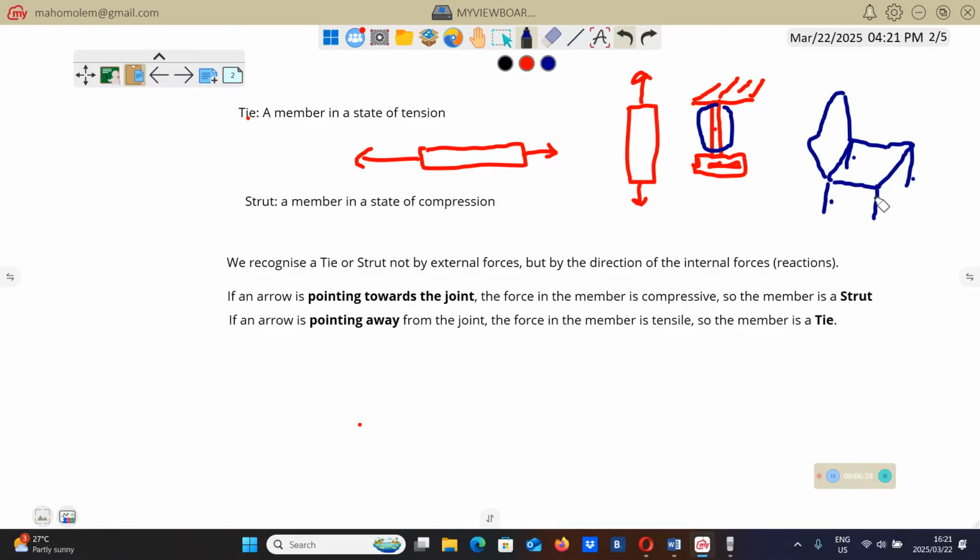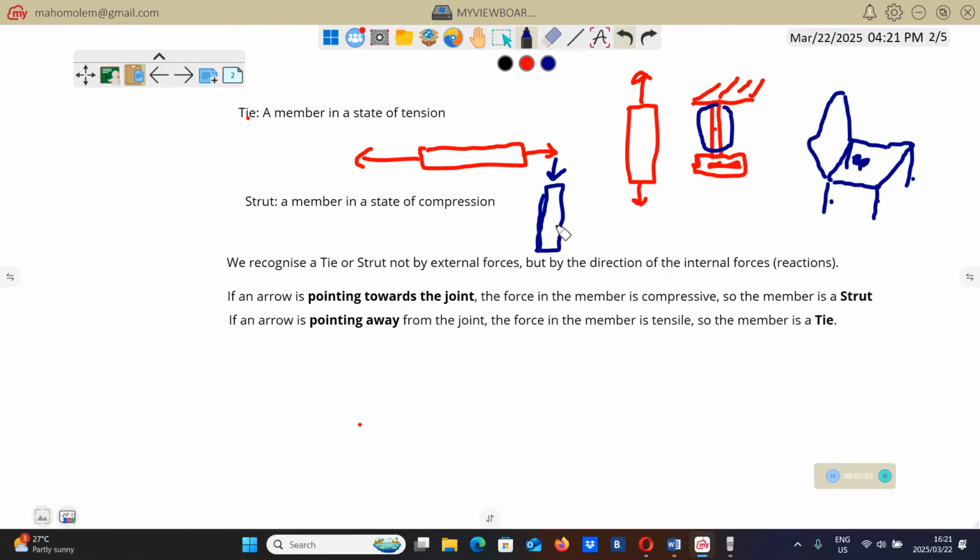So once you come and sit on this chair, let's say this thing here represents that leg of that chair. When you sit on top of this chair, your weight will push those four feet downward like this.